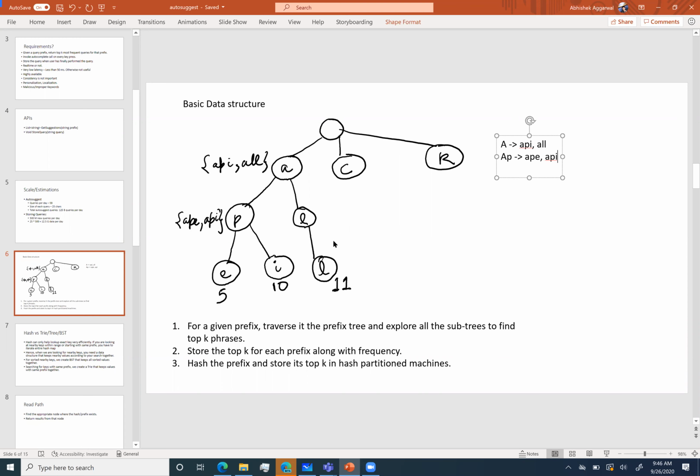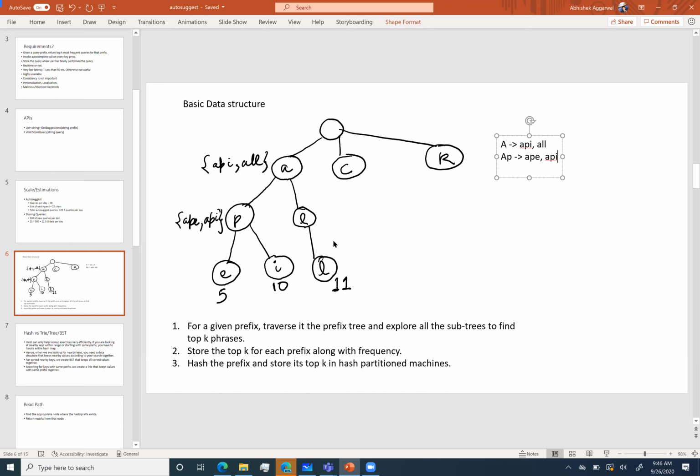I get what Praveen is trying to say. I think what he meant is that in the ith node we already store a word called API. Is that correct? Yeah, that's what I was saying. I think that makes sense. But the only thing is, when we are storing some results at the ith node, the idea is not to store all the children words. The idea is to store only the top 10 at the ith level.